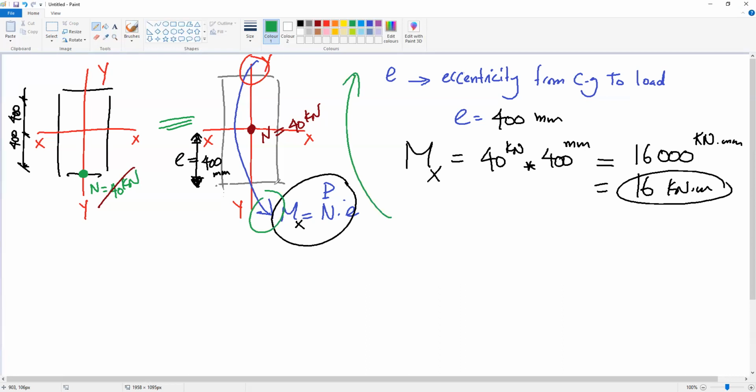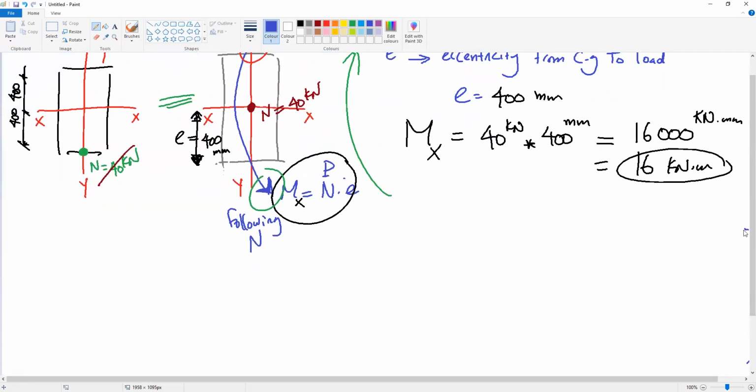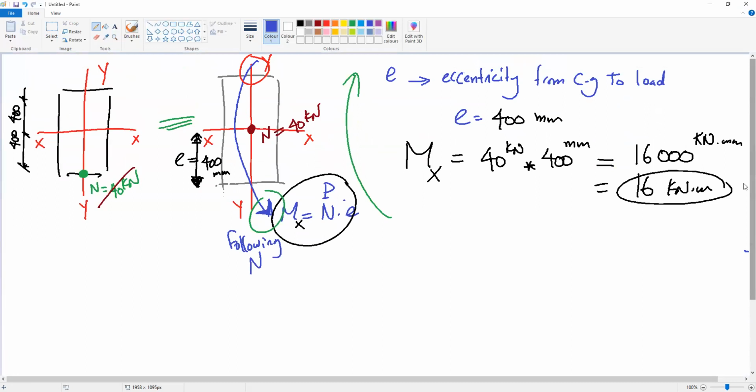So the head of the moment follows the force. If the force is going down, the moment head will go down. Okay. So now this means that we have to find the stresses at points B and D for this case.